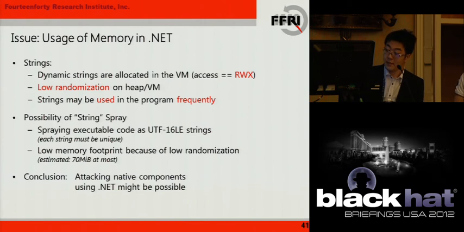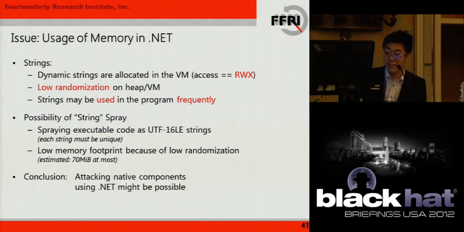If the attacker can spray executable code as Unicode strings and control the program counter using a native vulnerability, it's possible to execute a dynamic string inside the process. Attacking native components using native .NET might be possible.